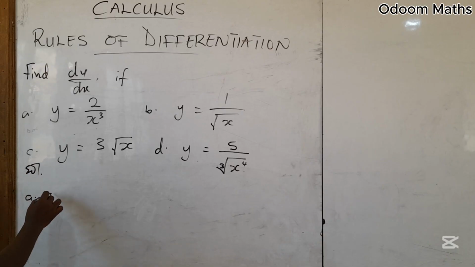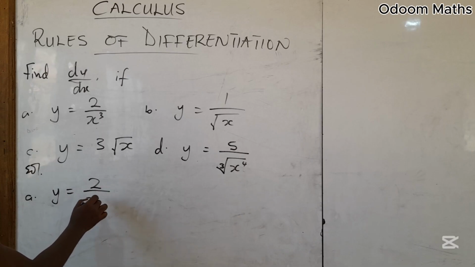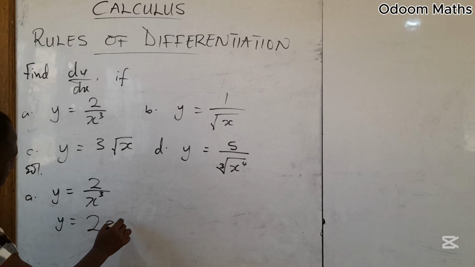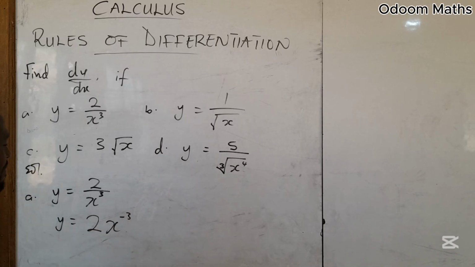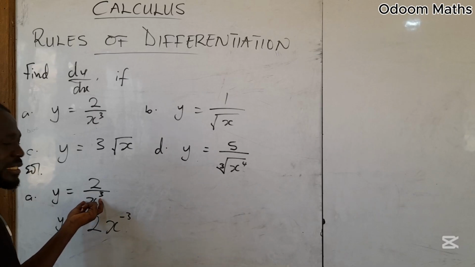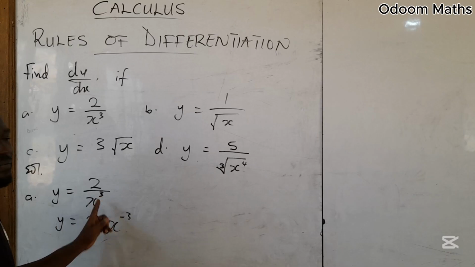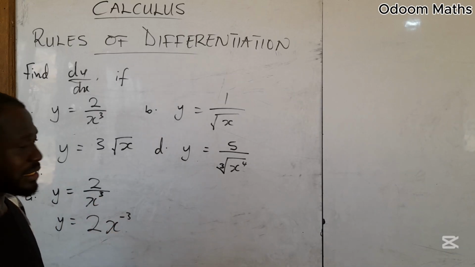Now the first one, y equals 2 over x cubed. So we can rewrite this as y equals 2x to the power negative 3, because the x here is the denominator. So when you write it in this form, then the power should be negative, like the indices we learned some time ago.